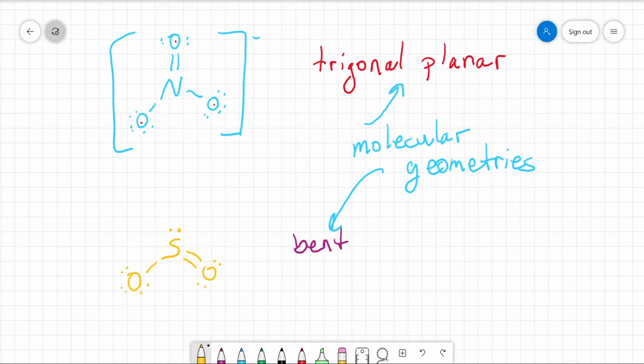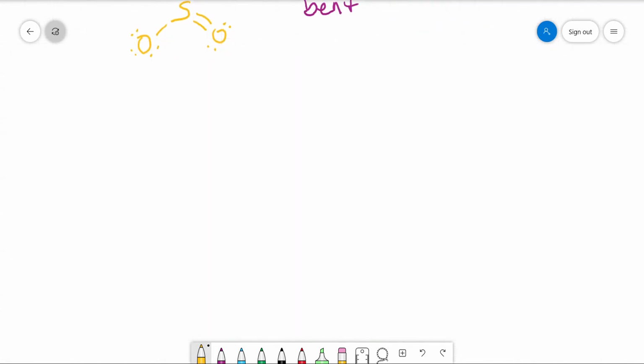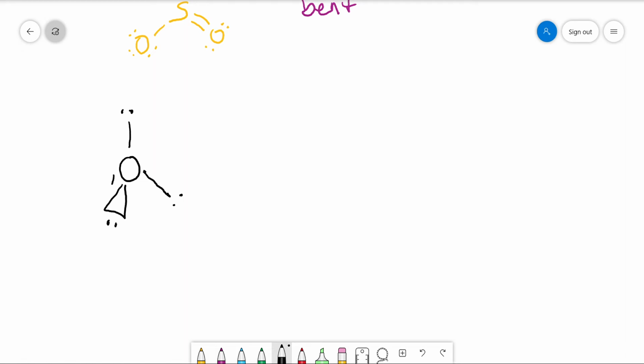Okay, now let's go to four pairs. This is where it gets a little bit more complicated. So if we have four things on the central atom, two lone pairs, now this is going to look funny, and I'm going to explain the way I draw it in just a second. There's this wedge right here, and there's a dash, okay?